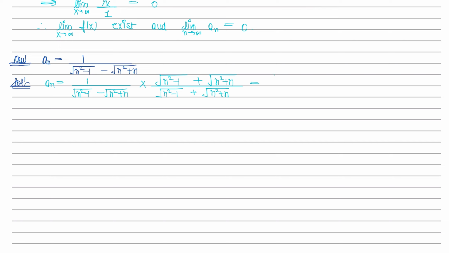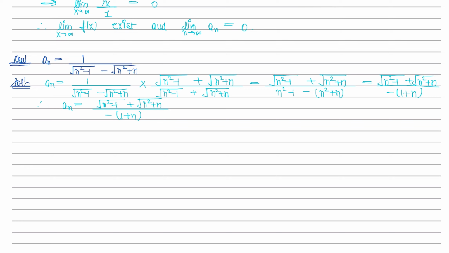The numerator will become square root of n squared minus 1 plus square root of n squared plus n, whole divided by n squared minus 1 minus n squared plus n. After simplifying, this expression will become minus of 1 plus n. Therefore, a_n is equal to square root of n squared minus 1 plus square root of n squared plus n, whole divided by minus of 1 plus n.